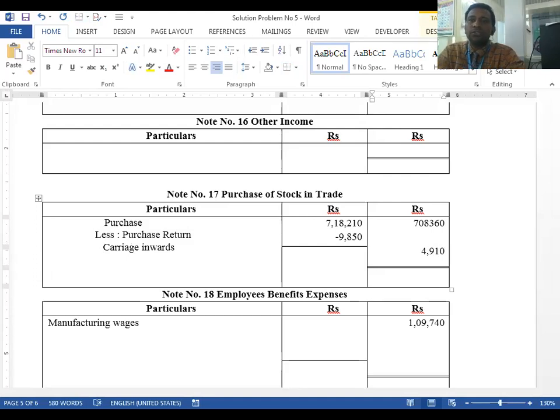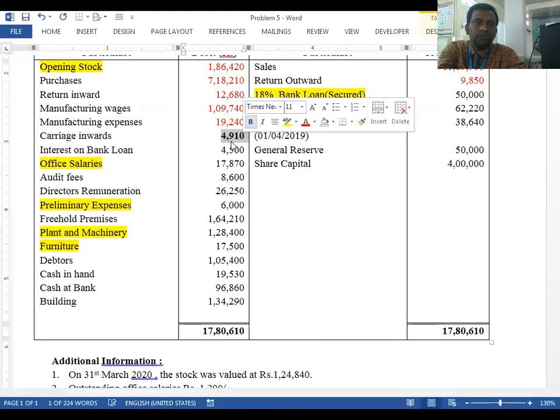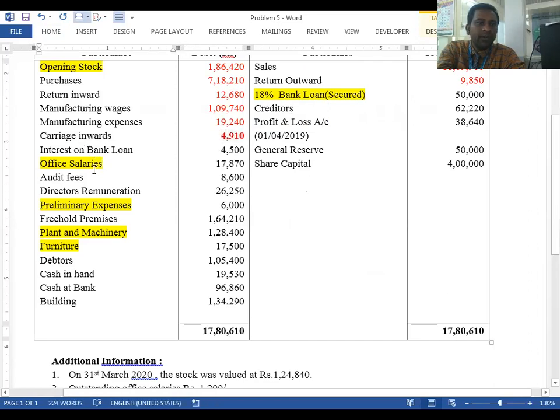Then the next item, after the carriage inward, is interest on bank loan.